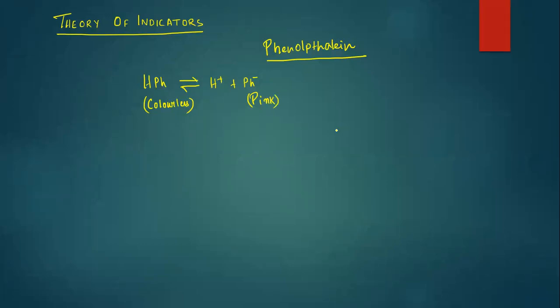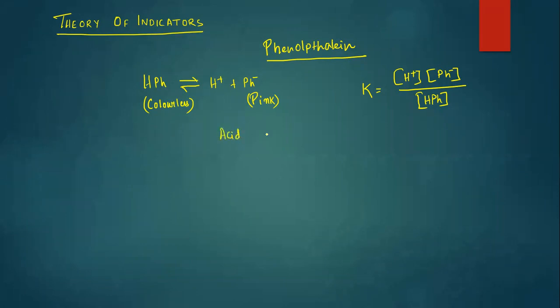Now, if you want to find out the equilibrium constant, the expression will be like this: H+ times Ph- divided by HPh. Now, in this phenolphthalein solution, if I put a little bit of acid, what happens?